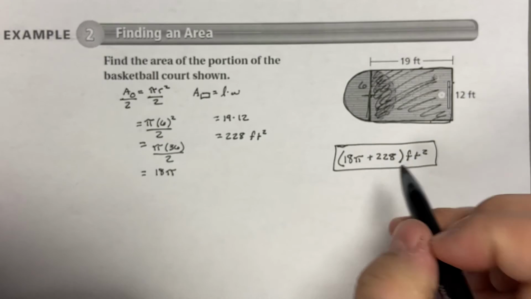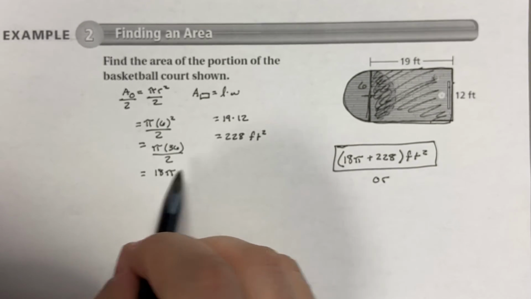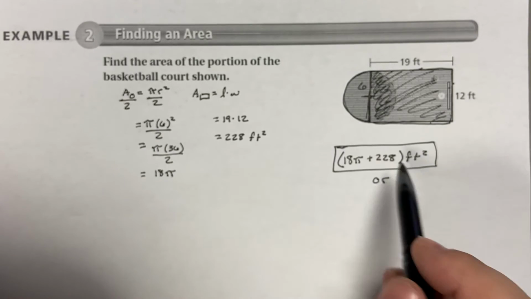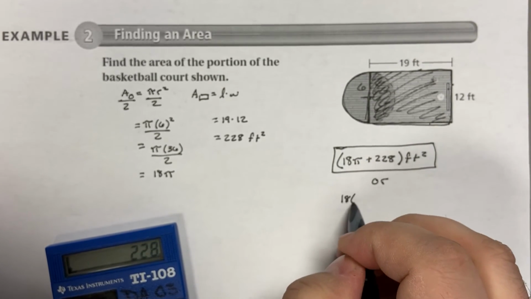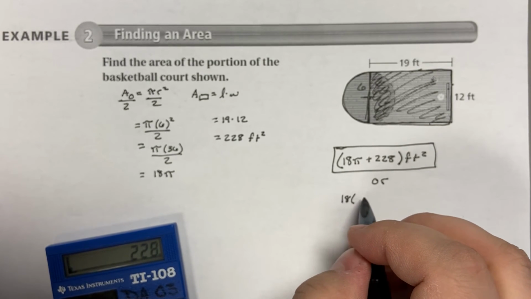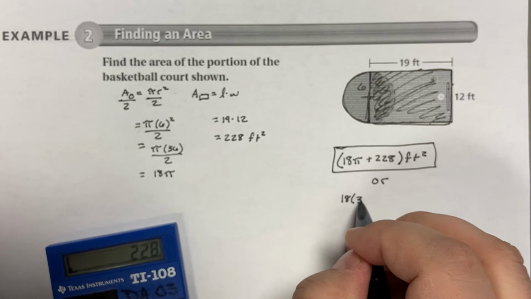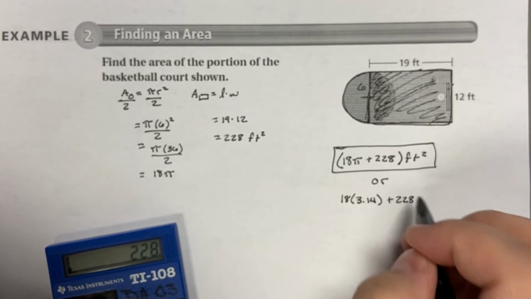Now, this is one answer, but there's also another answer that actually gets us one number rather than all this. We could take 18 times, in this case, because 18 is not a multiple of 7, I'm not going to use 22 over 7. I'm going to use 3.14, plus 228.